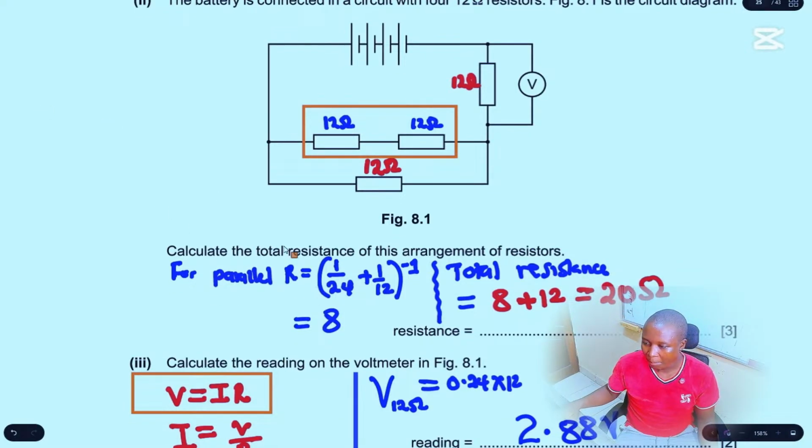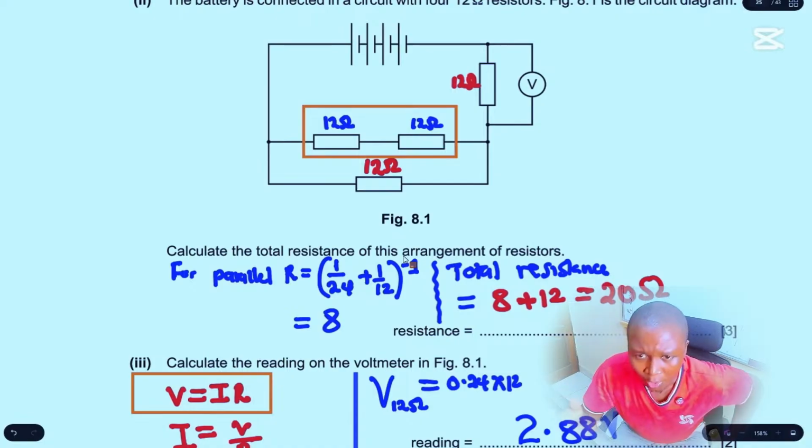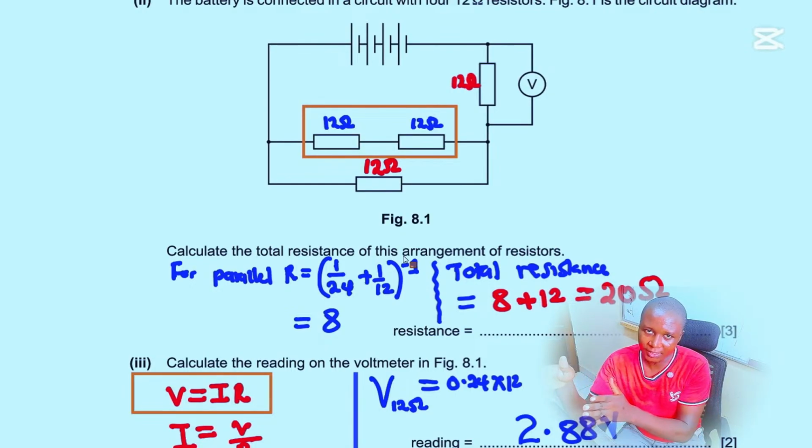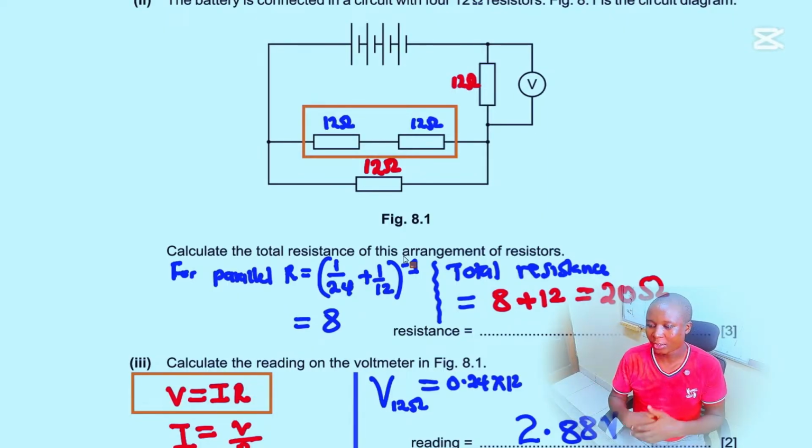For total resistance in this parallel setup, we say 1 over 24 plus 1 over 12, all raised to power -1. Anytime you work out total resistance for resistors in parallel, you add 1 over each resistance, close the bracket, and raise it to power -1, and that gives you the effective resistance.